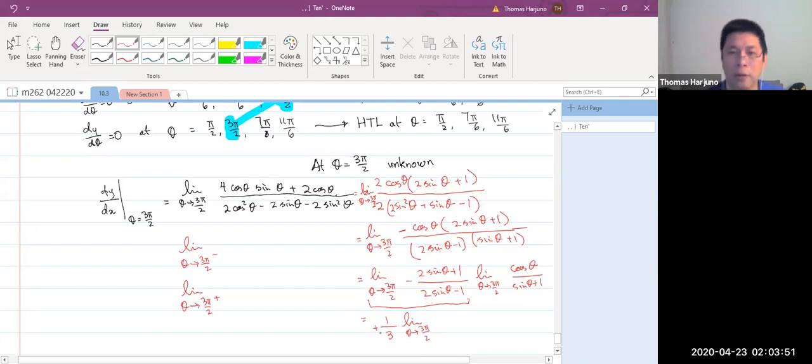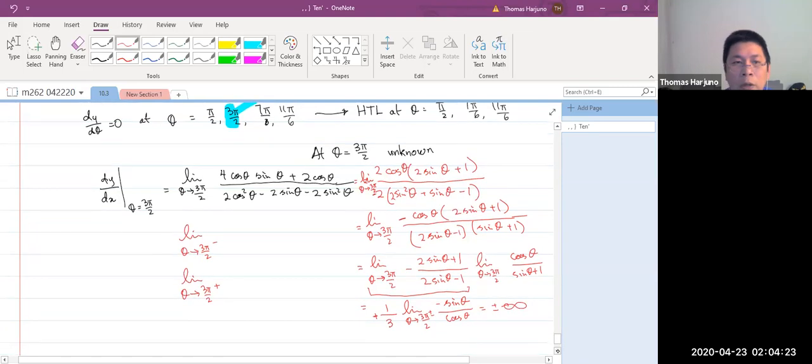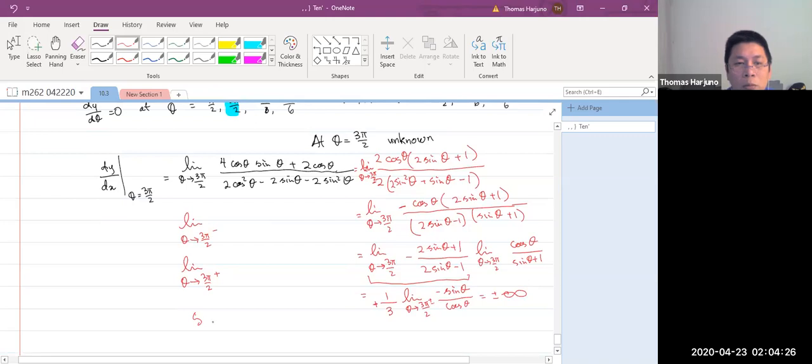On the right hand side, when I plug in, I get 0 over 0. Then I apply L'Hopital rule. It's still not good. Then I do the plus minus thingy, and you will see that's plus minus infinity, which means the slope is infinity at that point. So at theta equals 3 pi over 2, we get vertical tangent line instead.